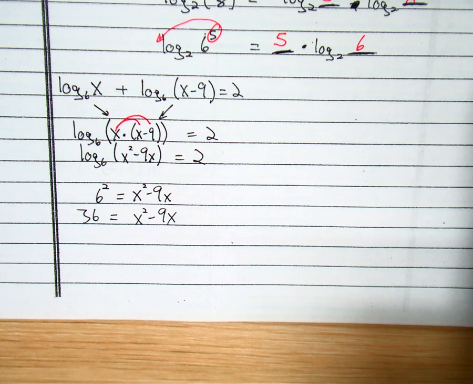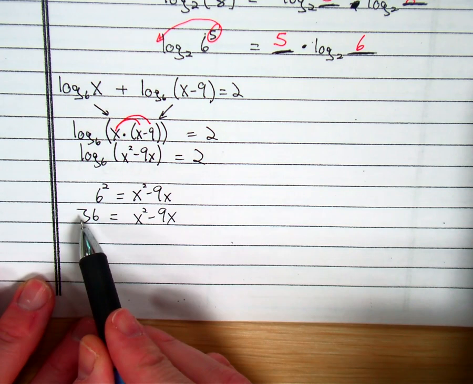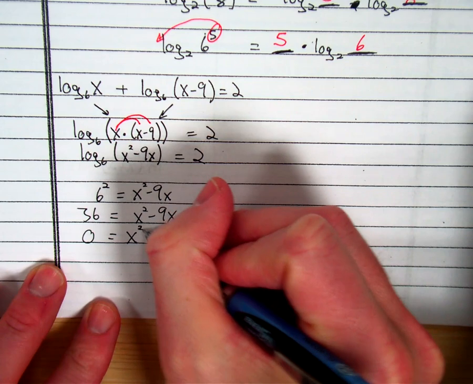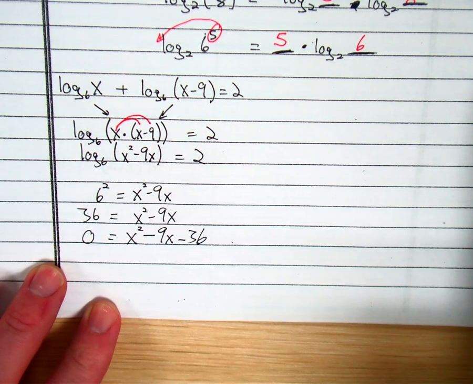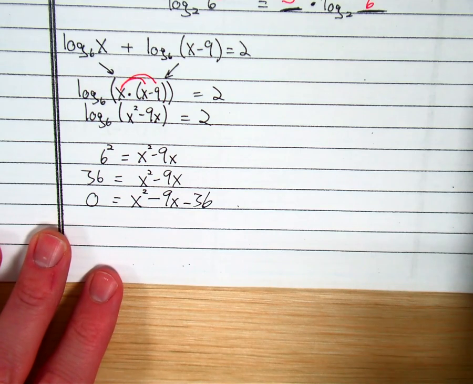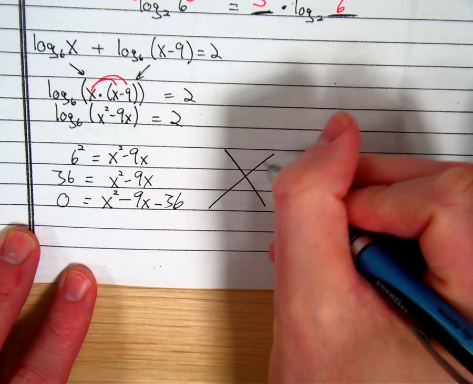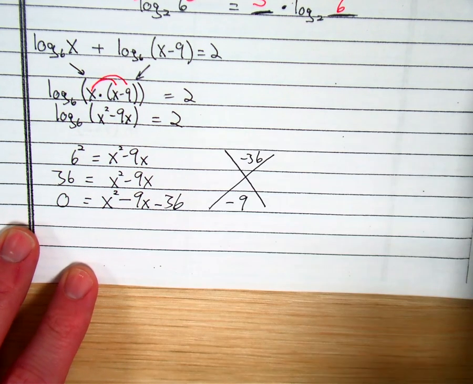Do you see where it's going? We're going to turn this into a factoring problem. Let's get everything on the same side. Let's subtract 36 over and let's look to factor. What multiplies to negative 36 and adds to negative 9?